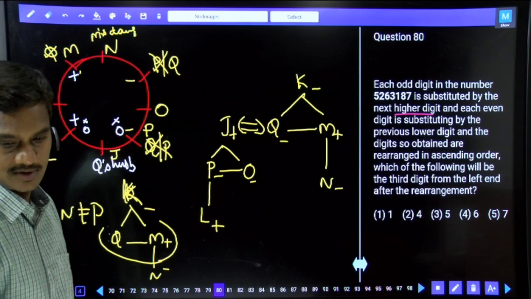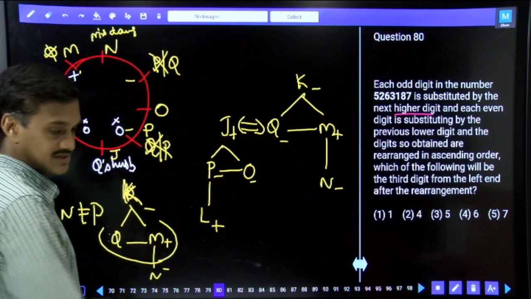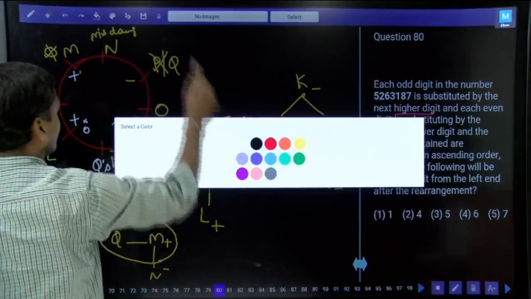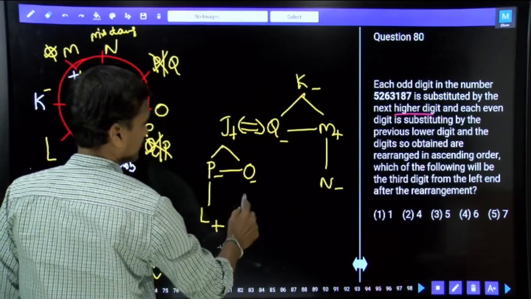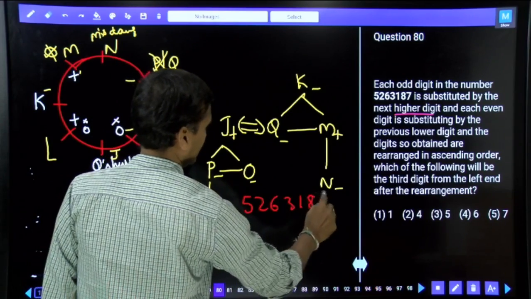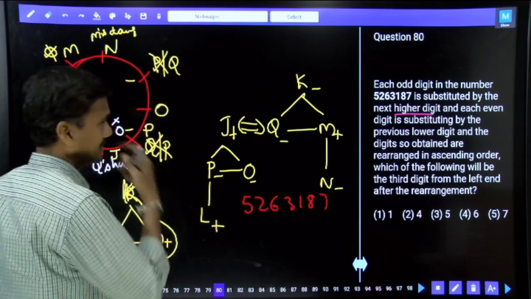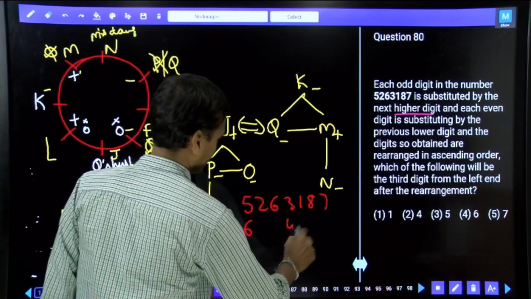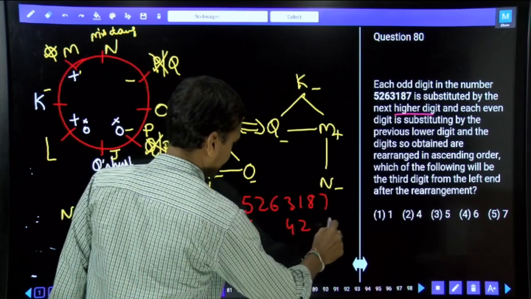Okay. Now, what is the number we have? 5263187. In this one, odd digit plus 1. Now, this is 6, and this will be 4, and this will be 2, and this will be 8.